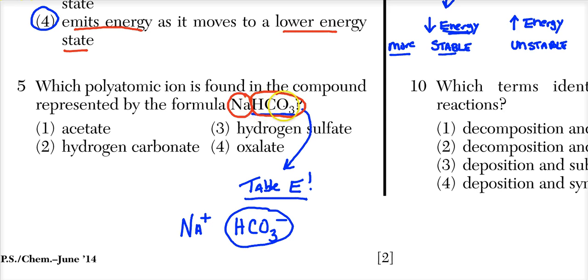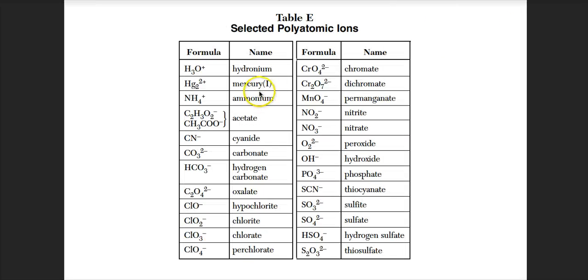Okay, but to find this cluster, let's go to table E because we need its name. Okay, table E in all of its glory. And we dealt with NaHCO3. So we're looking for a cluster, and there it is. And that is the hydrogen carbonate ion.